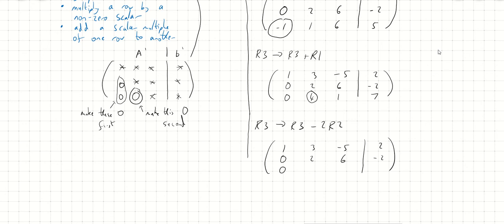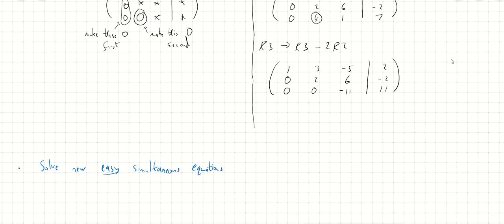Now the second column, 4 minus 2 lots of 2 is 0. Third column, 1 minus 2 lots of 6 is minus 11. And finally, 7 minus 2 lots of minus 2 is 7 plus 4, which is 11. Okay, so we're now finished because this is in triangular form, this upper triangular form.